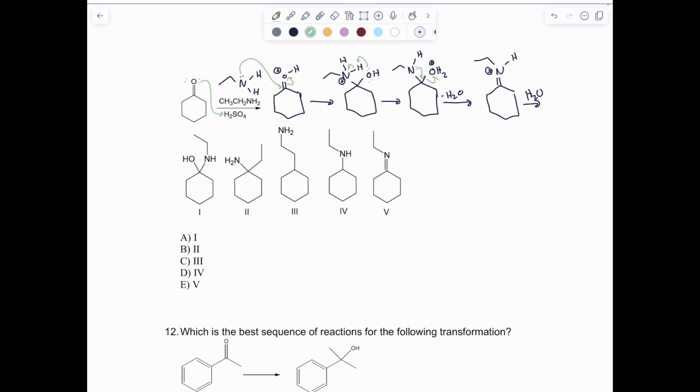But either way, a base is going to come in and deprotonate this final hydrogen, leaving us with the product that looks like option 5. So 5 corresponds with E, so E is the correct answer.